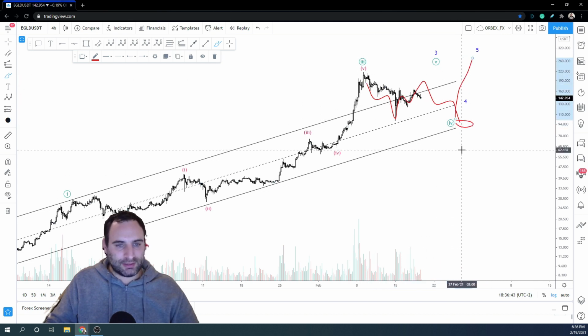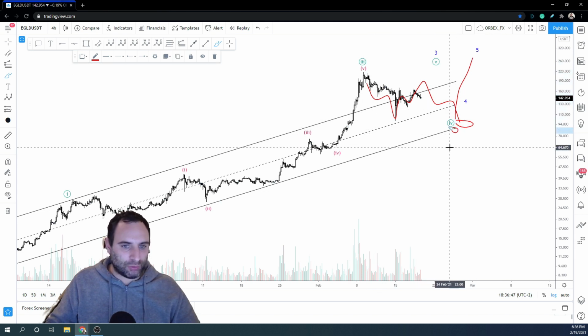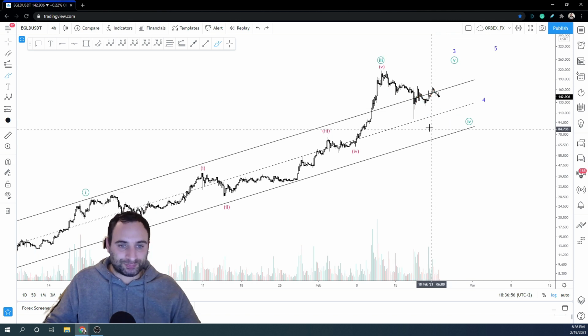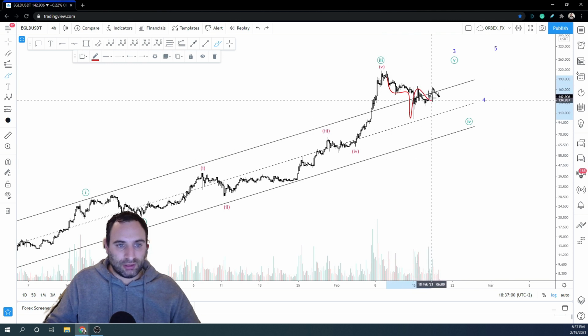Then we're going to get wave 5 and 3. Potentially we could finally reach down to the previous regression low, or even the median regression, which is also very possible.